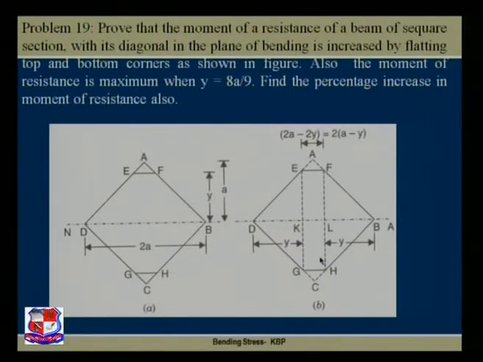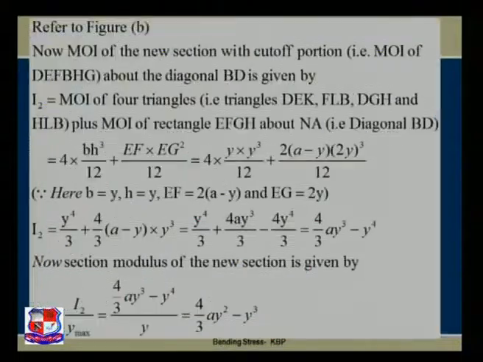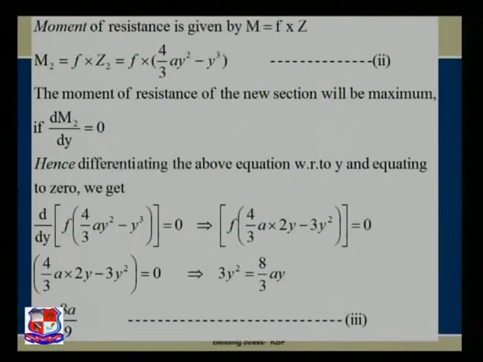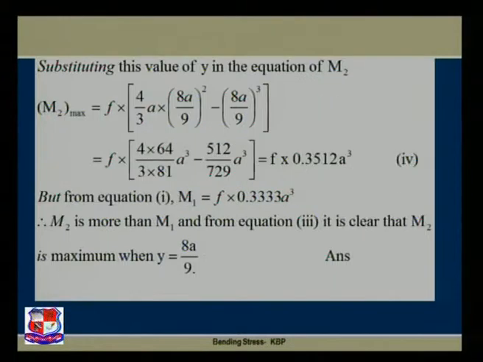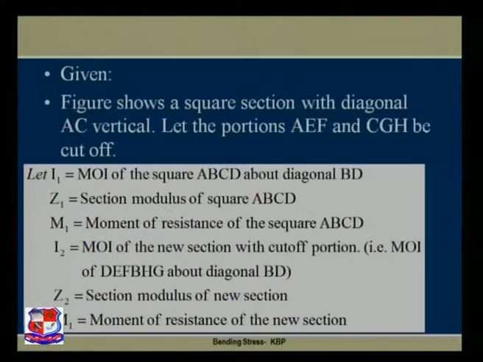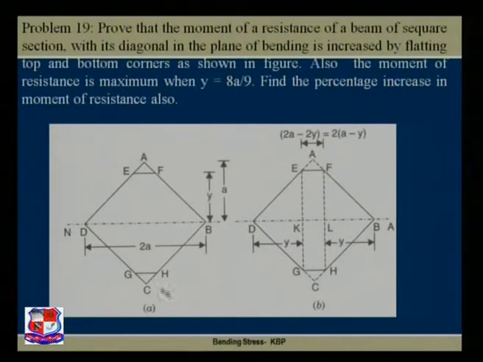EG or FH, cube by 12. Now, what is b and what is h for the triangles? For triangles, b is equal to h is equal to Y. If you refer to the figure, this is Y. This is also Y.